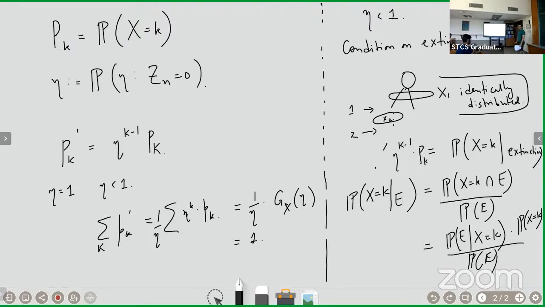Now, what should happen? These are eta to the power k, which is p_k, and then sum this over k. This is slightly sloppy.